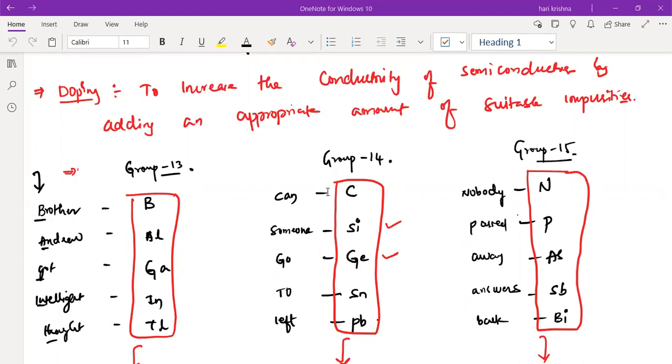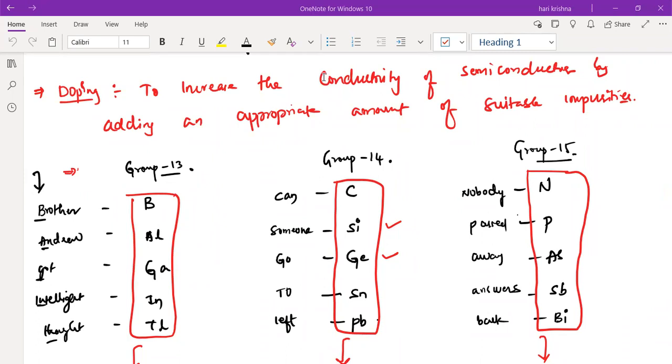Okay, at least the P block elements, group 13 to group 18.